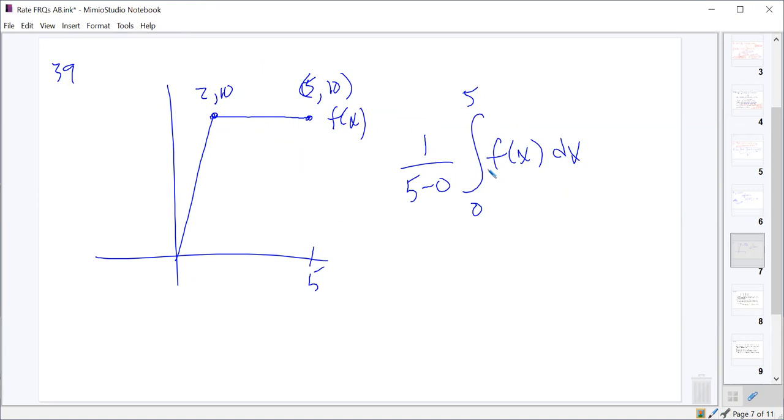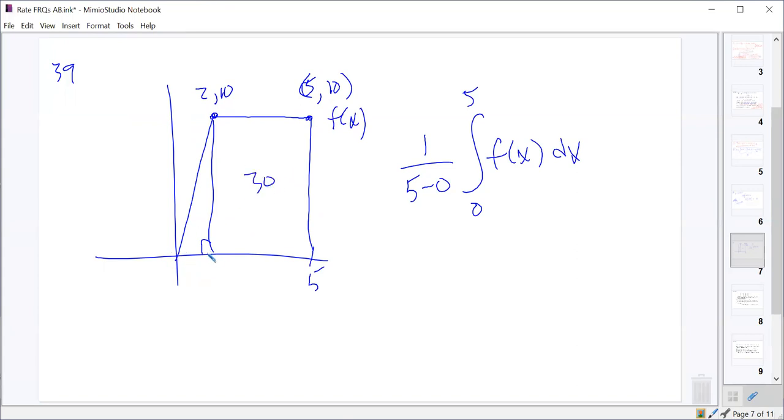Well, the integral, just like the last one, we had to use the idea that the integral of this is the area underneath the curve. So the area underneath this curve is either a trapezoid, if you want to call it a trapezoid, or it's a triangle and a rectangle. So whichever way you want to do it. We make it into a right triangle and a rectangle. We got a height of 10 and a width of 3, so that's 30.